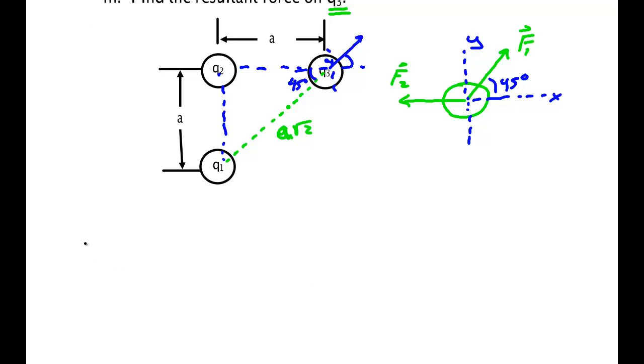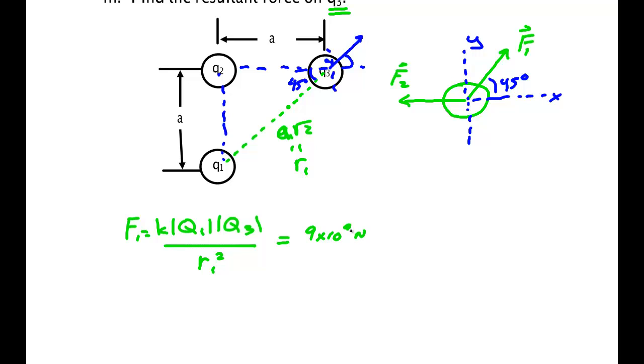So to find F1, F1 is equal to K, magnitude of Q1, magnitude of Q3, because that's the two charges we're talking about, divided by this distance, which I will call R1, squared. So that's 9 times 10 to the 9th newton meter squared per coulomb squared.